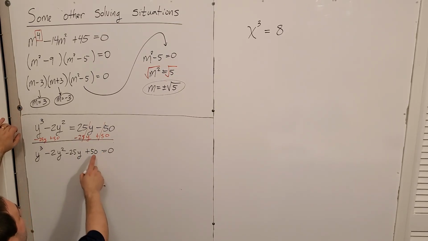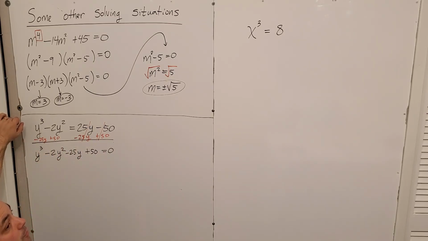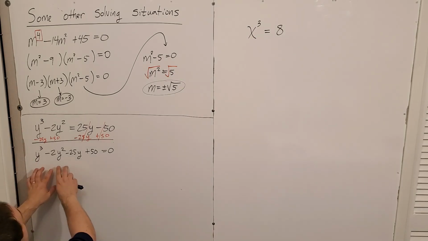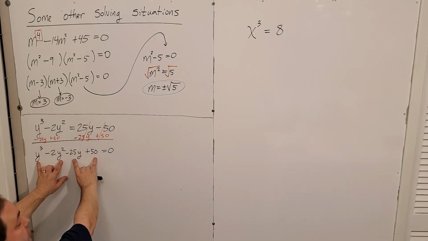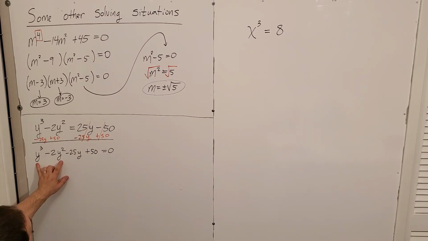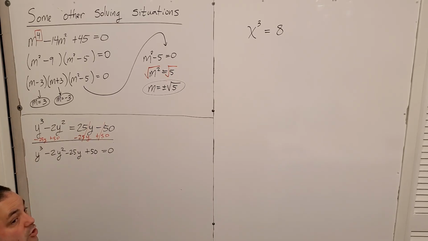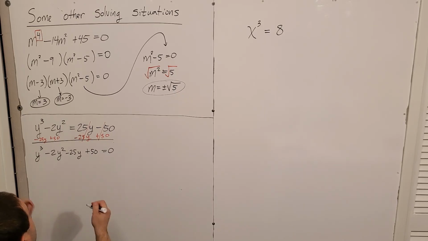I've got 4 terms here, which means I can attempt to factor by grouping. Grouping is when I can take it into 2 groups here, and I can find a common factor in each one. There's no GCF from all of them, but I can find a common factor here and a common factor here, and then hopefully whatever's left over is common between the 2 groups for me to finish it. Let's take a look.